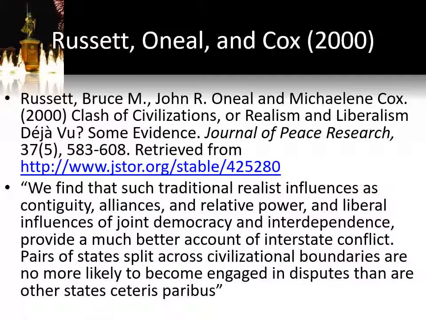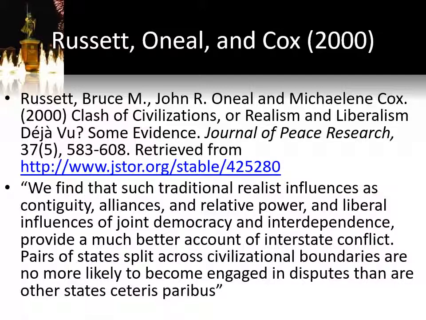One is it tests the hypotheses that Huntington comes up with, and it's a good thing he came up with testable hypotheses. That's what we want. We need to have that from a theory, or else we can't do anything with it. They ask, are these wars occurring the way Huntington says? And they test it against a data set of all nations, not just selected historical examples. We're going to look at it across all the nations we can get data for.